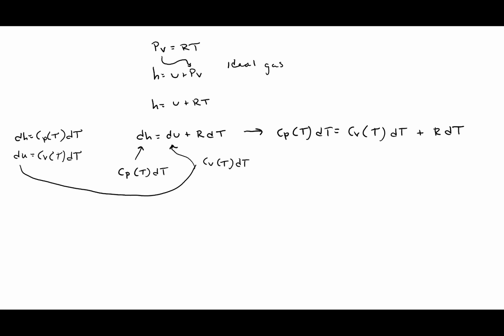And then if we divide by dT, we get that C sub P is equal to C sub V plus R.